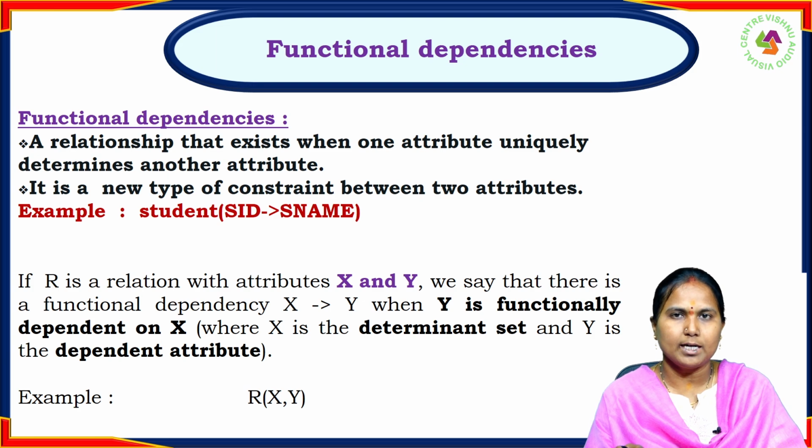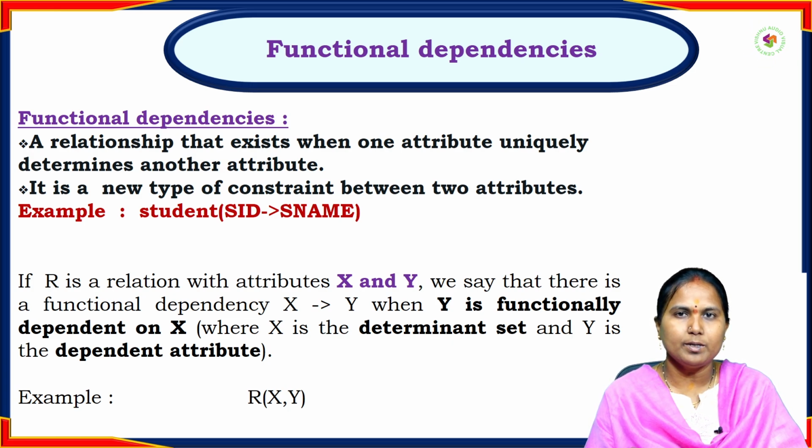But where does the problem occur? Suppose you see the student database: student ID, student name, course ID, course name. In that, student ID and course ID are made the primary key. The primary key attribute properties are what? It does not allow any duplicate values, and it does not allow any null values.